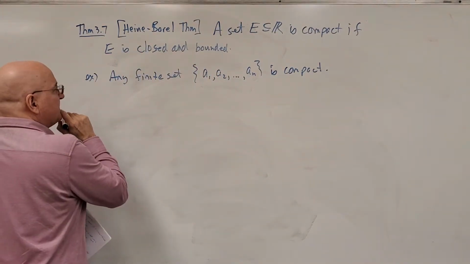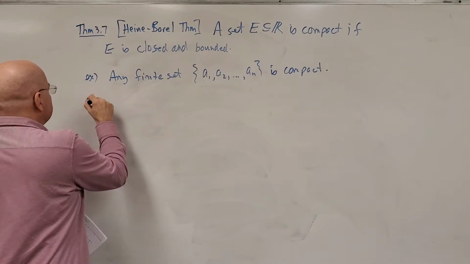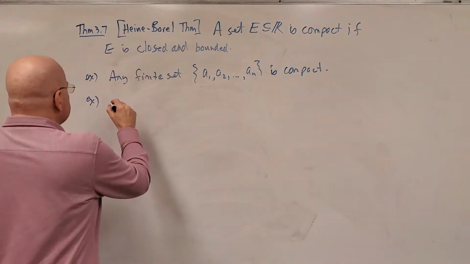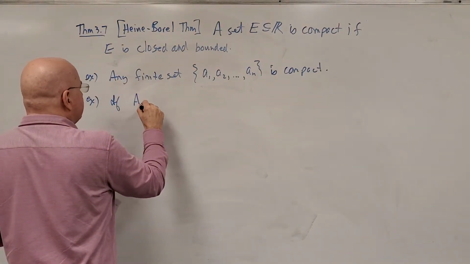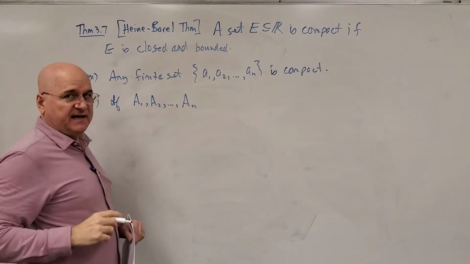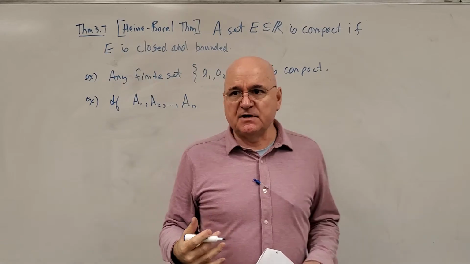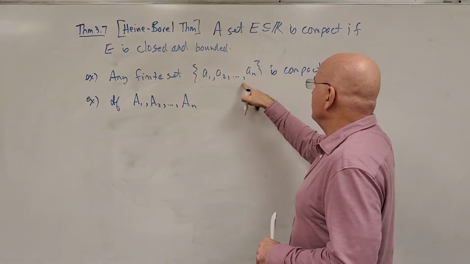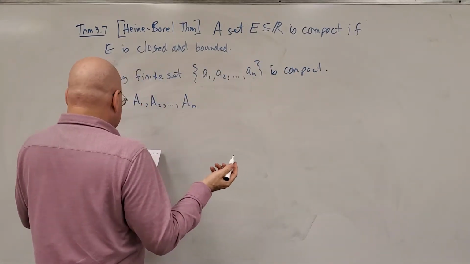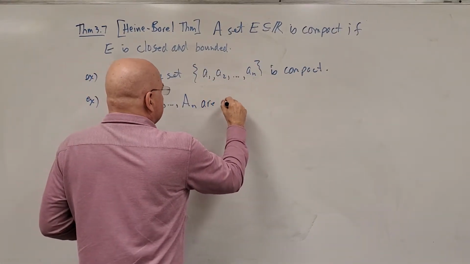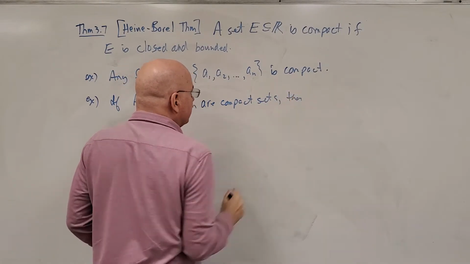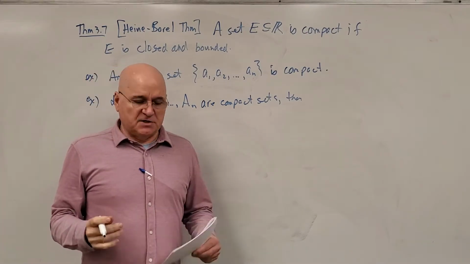The next one is not really an example. Maybe I'll write it like an example because it's a homework problem you're going to have to do. It says that if A1, A2, up to AN, these are capital A's now, which are going to be sets, not individual elements, these are just individual real numbers. If A1 through AN are all compact sets, then the union of those sets is a compact set.